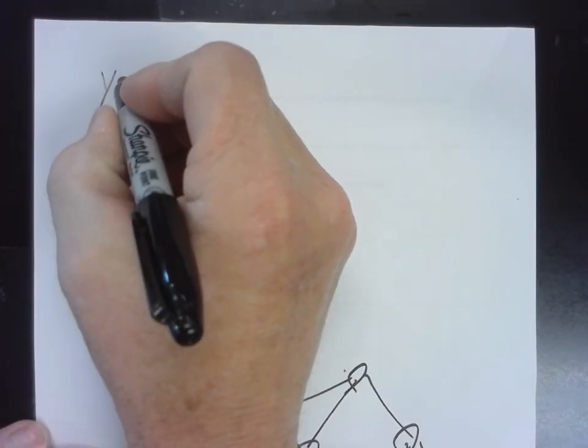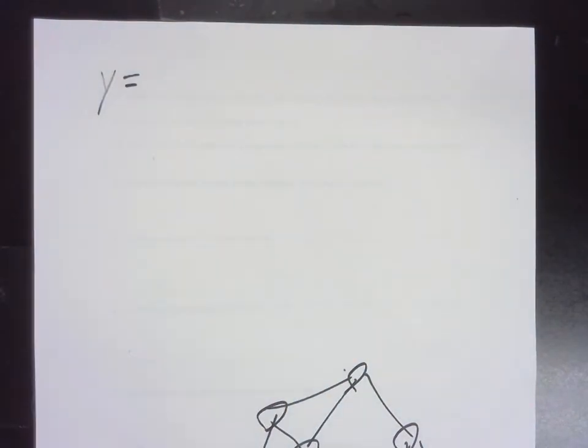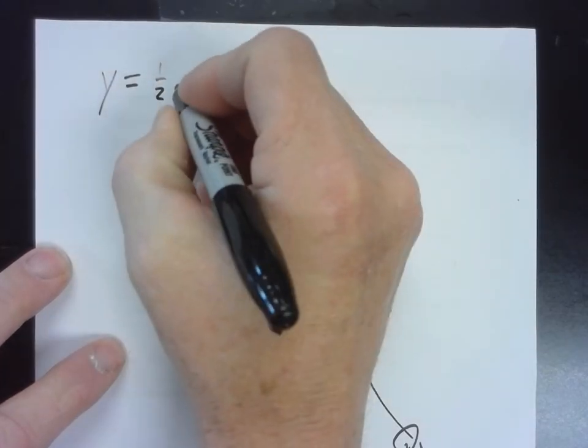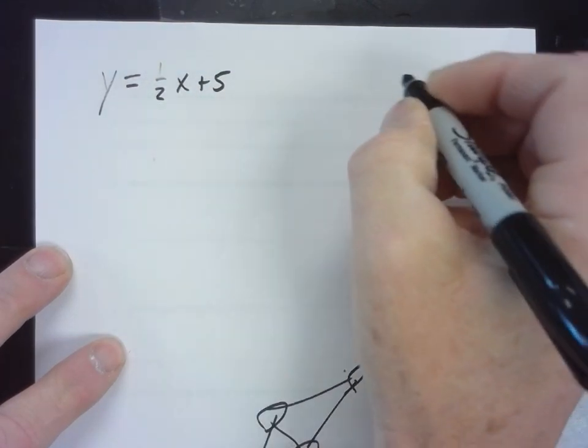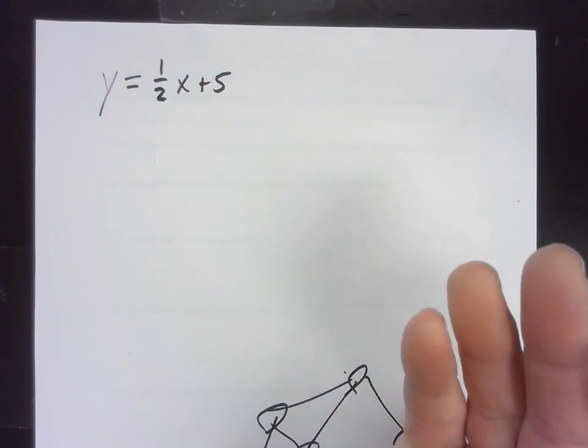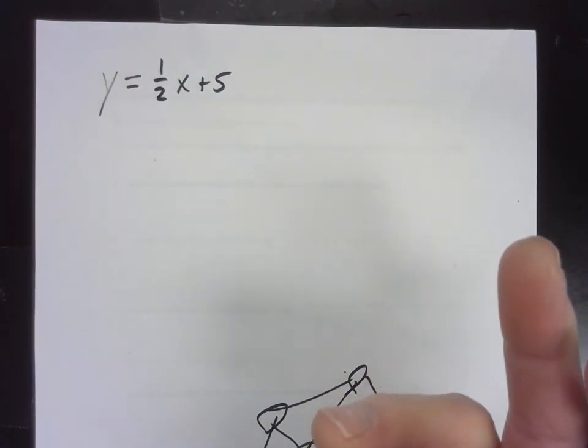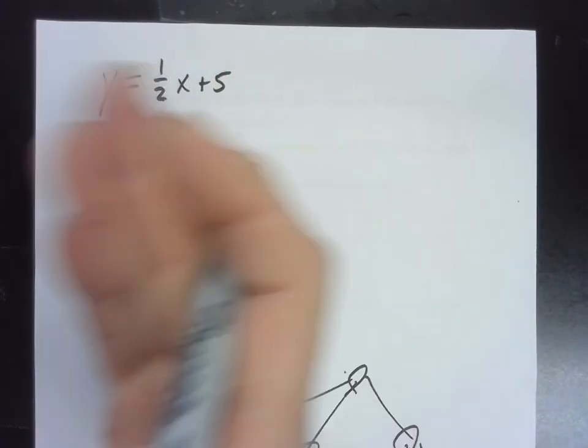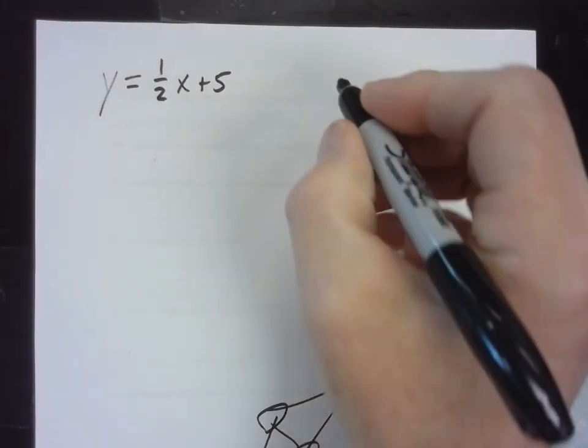Anything that starts out y equals is in slope-intercept form. Okay? It might look like this. Where you can see, oh, what's the intercept? What's the initial amount? What's the rate of change? 1/2. Okay. It might look like this.